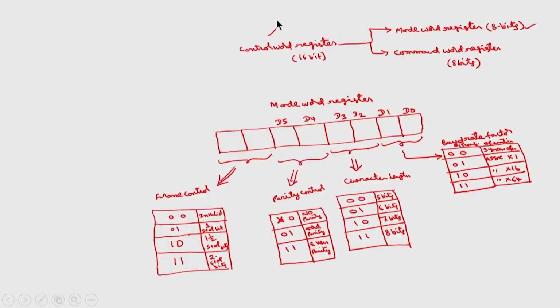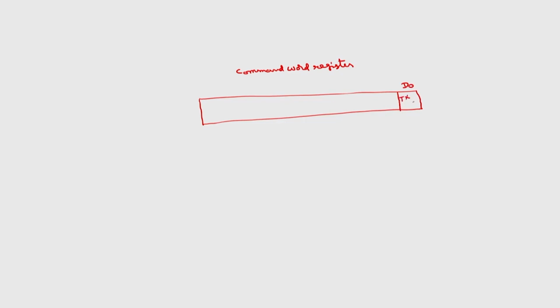This is the format of the mode word register, which is the first part of the control word register. The second one is the command word register. The first bit of the command word register, D0, is transmitter enable.